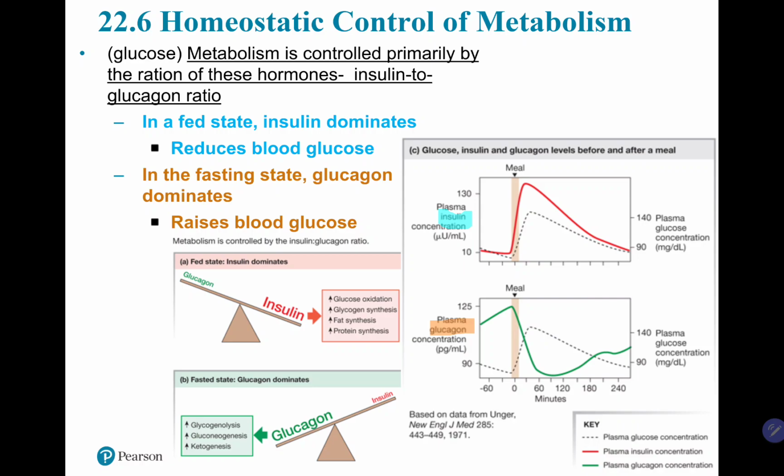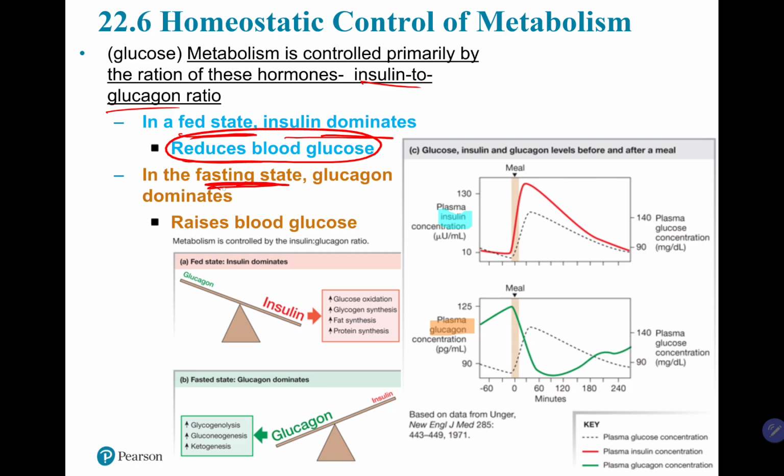Glucose metabolism is going to be controlled primarily by the ratio of insulin to glucagon, right? Got to remember, in a fed state, insulin dominates. Insulin reduces blood glucose levels. You just ate. You're just bringing in sugar, right? We don't want that sugar to be in your blood. You want it to go to your cells, right? So that's what insulin is going to allow for, that glucose to go into your cells.